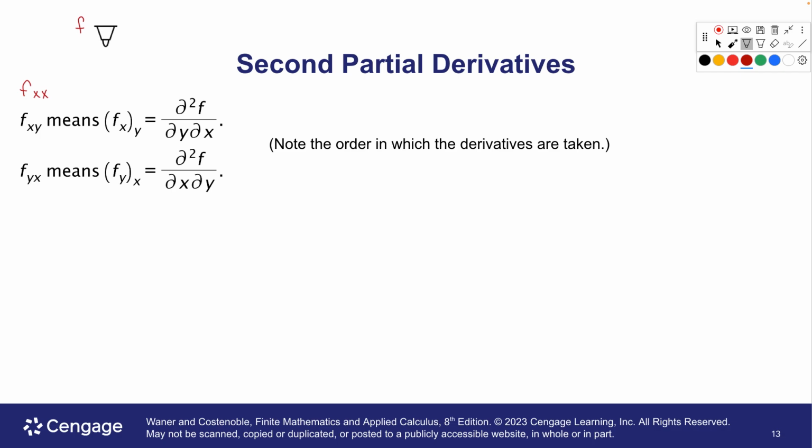There's a function, and then from that function, we get a partial with respect to x, and we get a partial with respect to y. These are first derivatives, first partial derivatives.